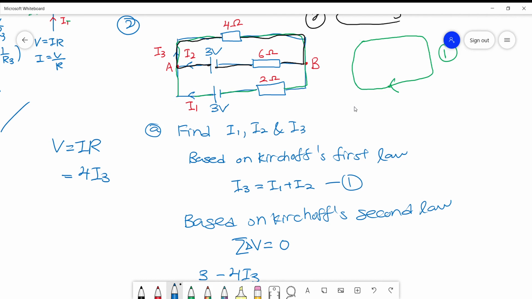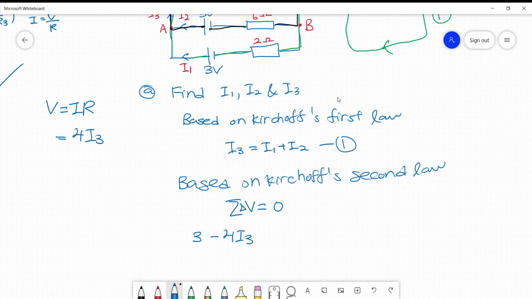This region belongs to the first current, I1, so we express the potential difference across this 2 ohm resistor as minus 2I1.